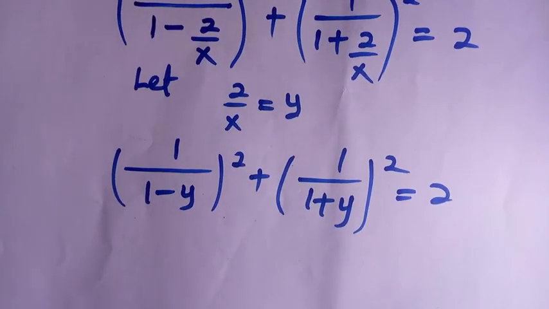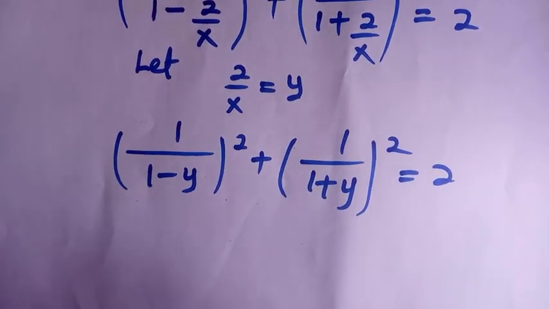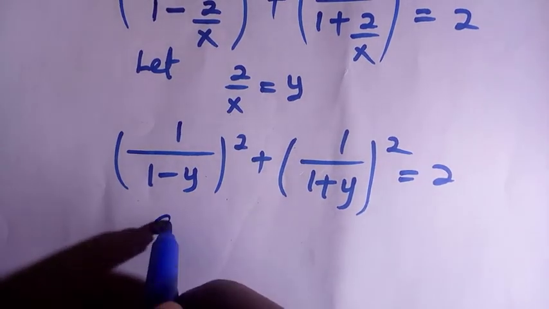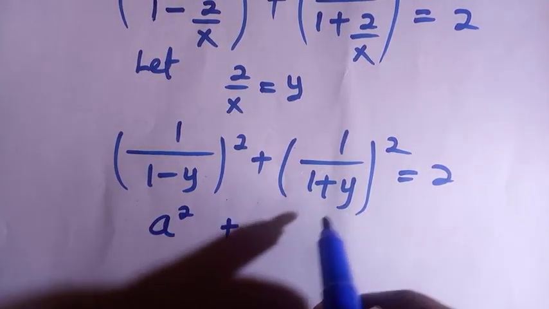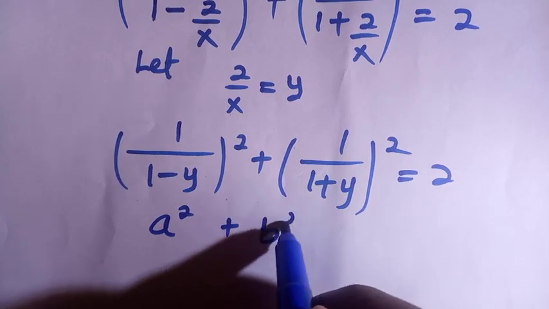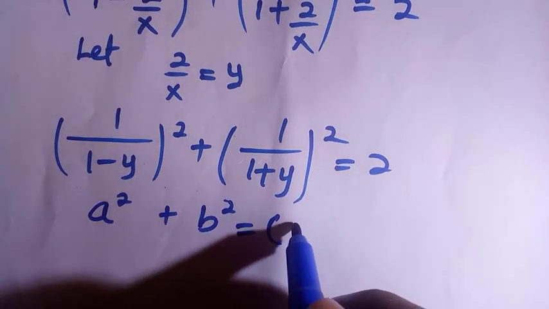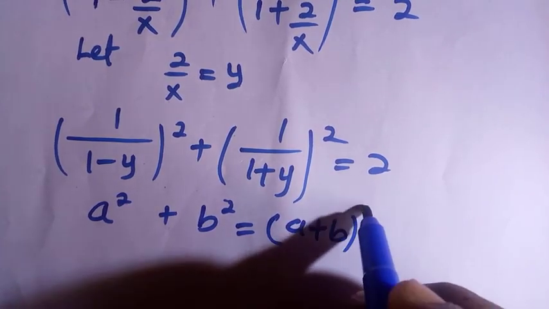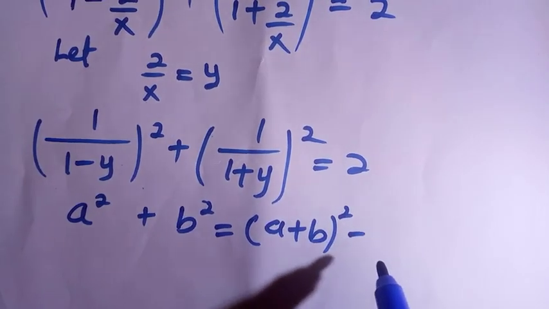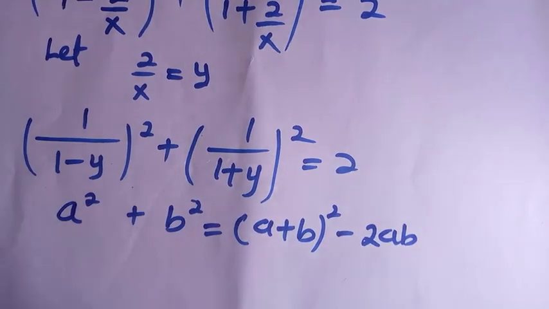And looking at this, if I assume the first one to be a and the second one to be b, here we have a squared plus b squared, the sum of two squares, and as an identity, the result is a plus b raised to the power of 2 minus 2ab.